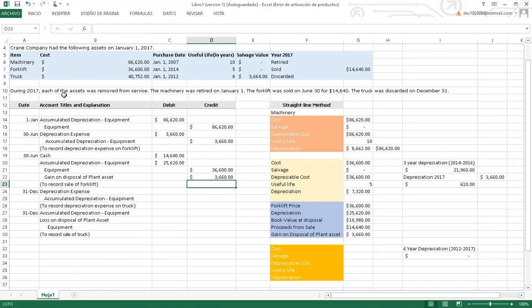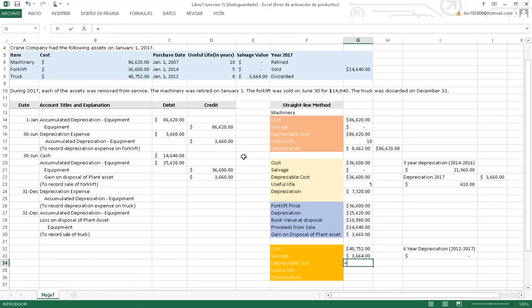After that, we're going to record the truck. So we're going to make the same process as here. We're going to first adjust the journals for the depreciation of 2017, and then we're going to journalize the accounts for the discarded truck. So the cost of the truck at the beginning was $14,000. Salvage in this case is $3,664.